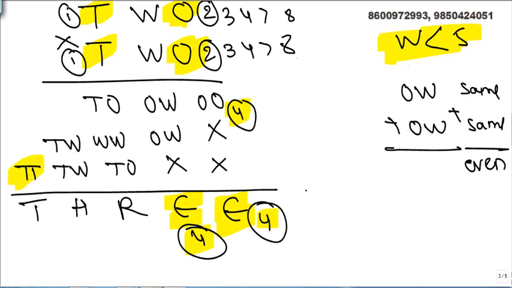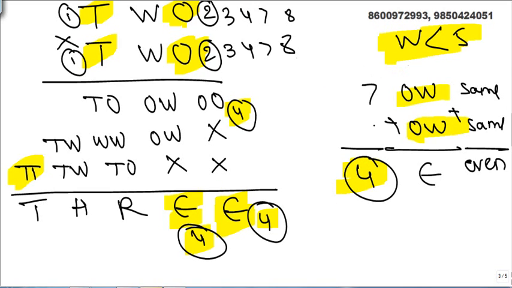If I want this E as 4, OW plus OW, the only way is 7 plus 7, or 2 plus 2. That is the possibility of getting 4. Either 2 plus 2 is 4 or 7 plus 7.